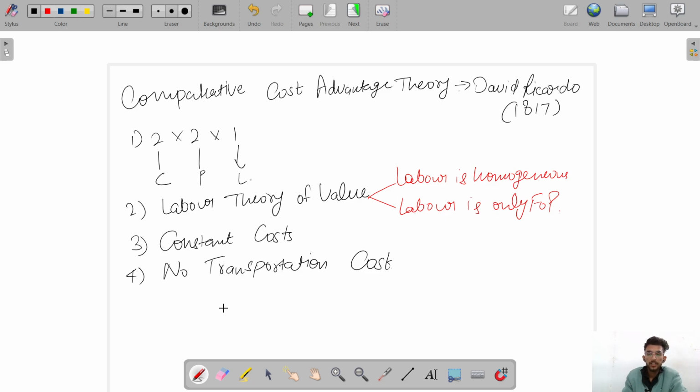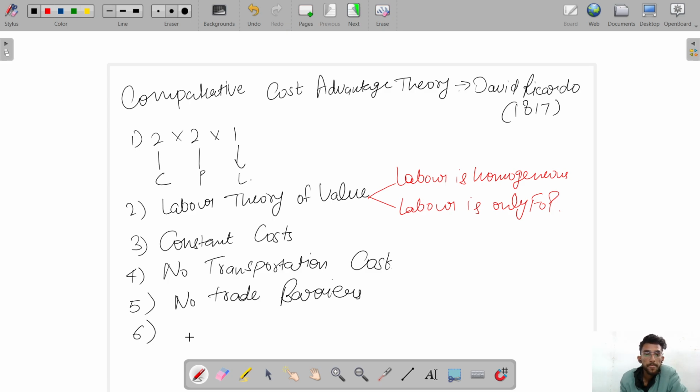If there is, it is assumed that transaction cost is negligible and absorbed in the prices of the commodities. And there are no trade barriers. Nations can export and import any commodity without any tariff and customs duties.